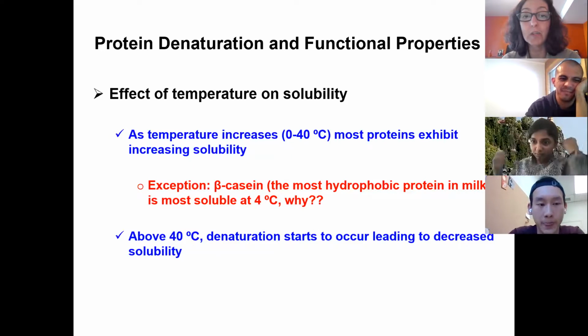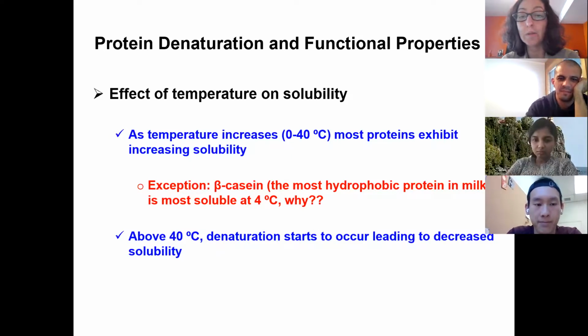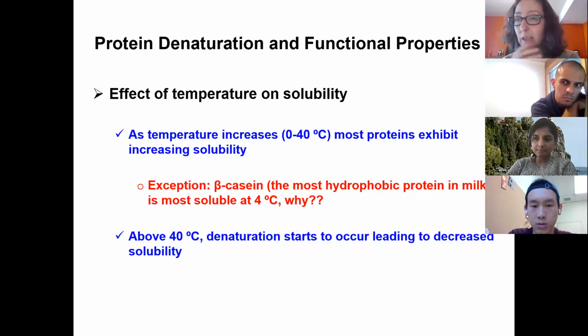When you read this, the most hydrophobic protein in milk: hydrophobic interactions are weakened at low temperature. They are strengthened at higher temperature. Beta-casein is stabilized in the casein micelle by hydrophobic interactions. So at low temperature, these hydrophobic interactions are weakened, and some of the beta-casein leaches out of the casein micelle.